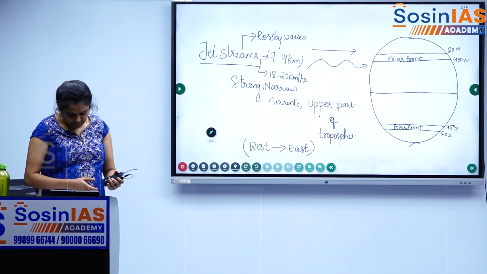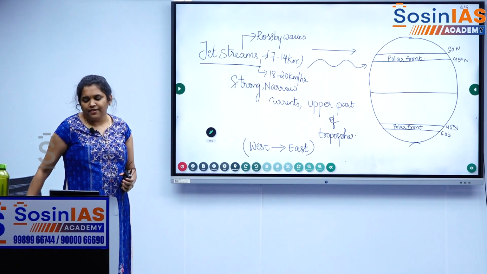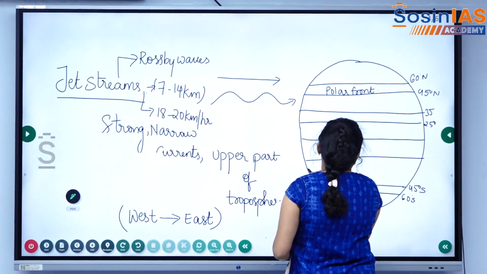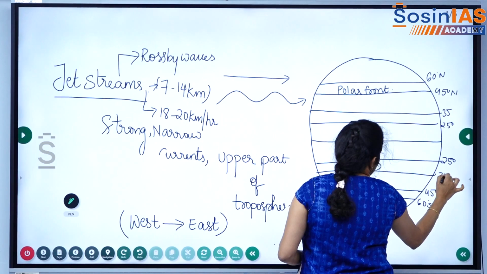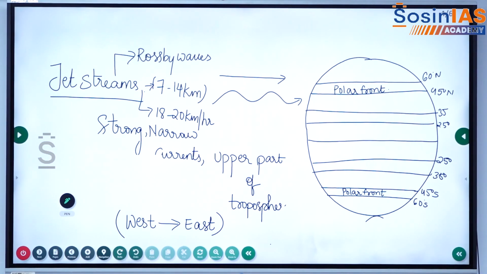Subtropical westerly jet streams. Between 25 degrees to 35 degrees in the northern and southern hemispheres, that is the horse latitudes, between Ferrel cell and Hadley cell, we observe subtropical westerly jet streams.